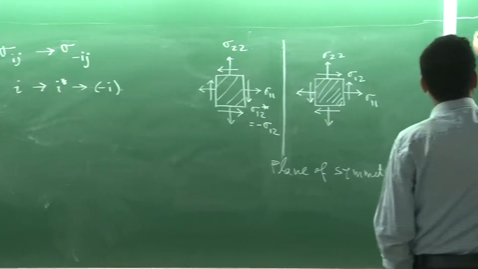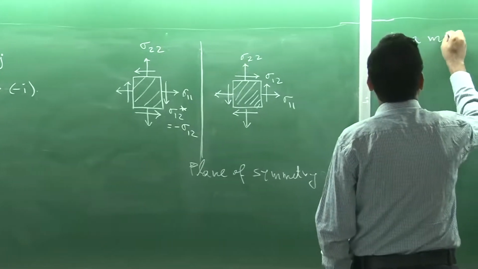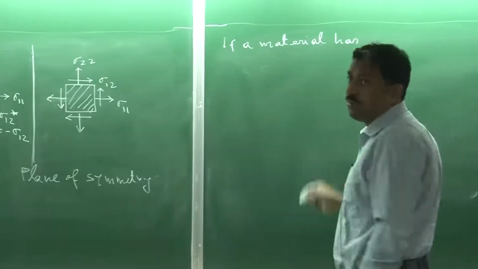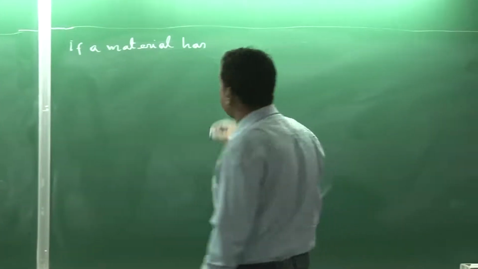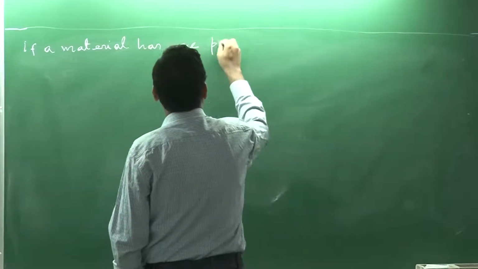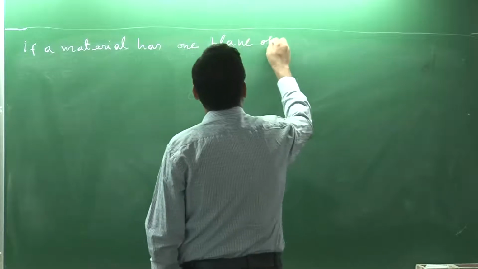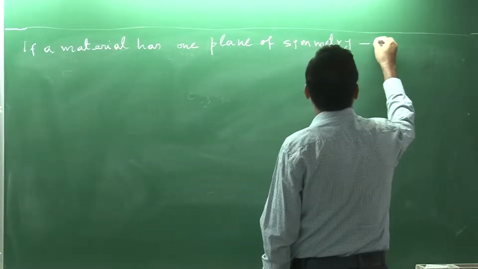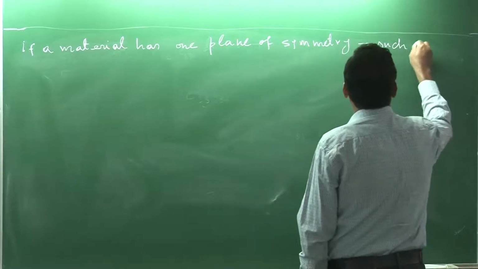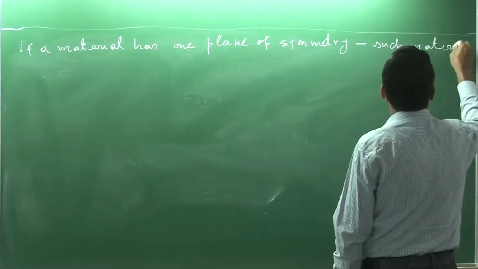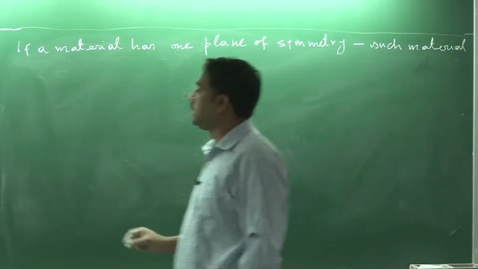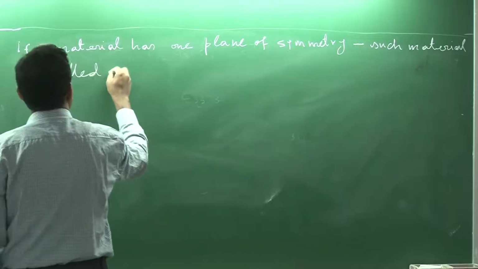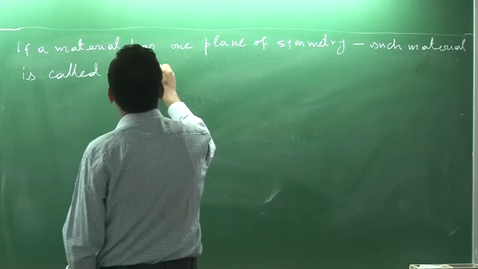So, if a material has one plane of symmetry, then this material is called a monoclinic material.